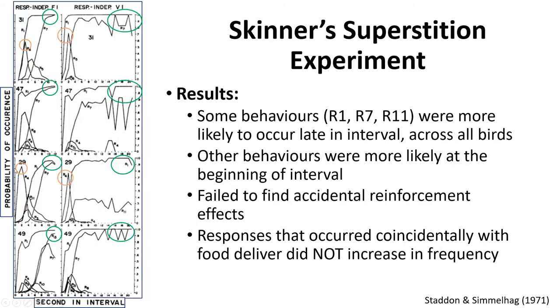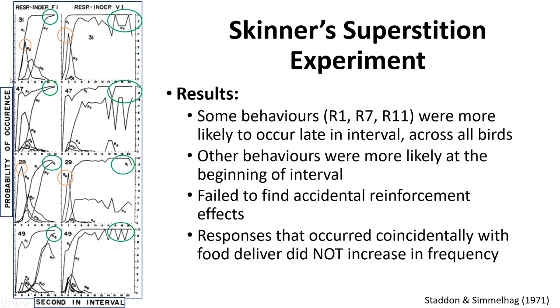These are kind of weird diagrams over here, but they're showing, for individual number 31, which would be pigeon 31, which just means that it probably had a band on its leg with the number 31 on it, the occurrence of different kinds of behaviors across different time periods.